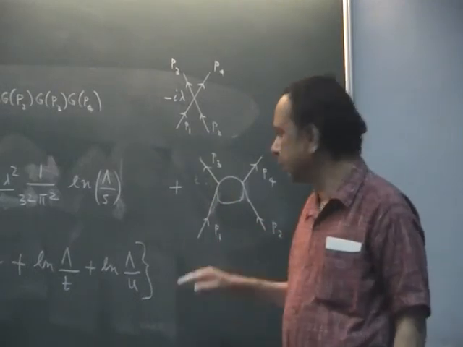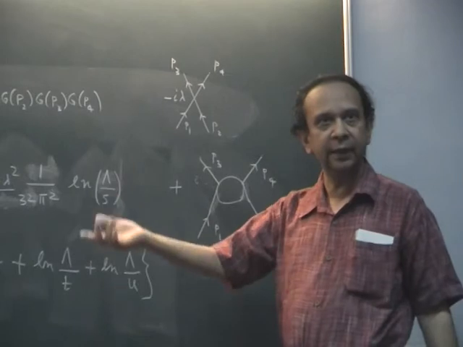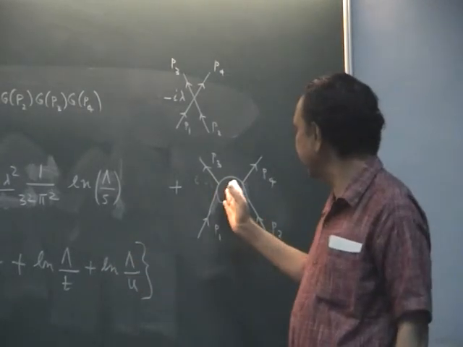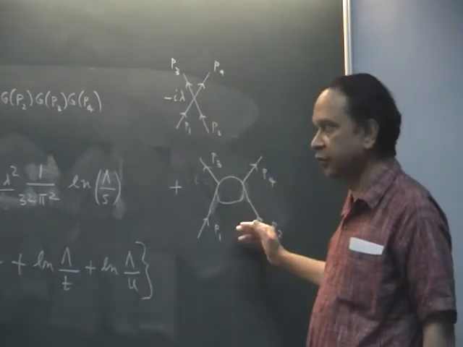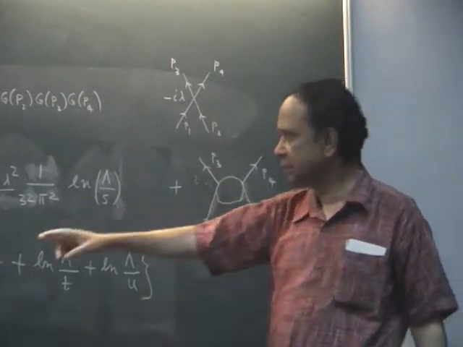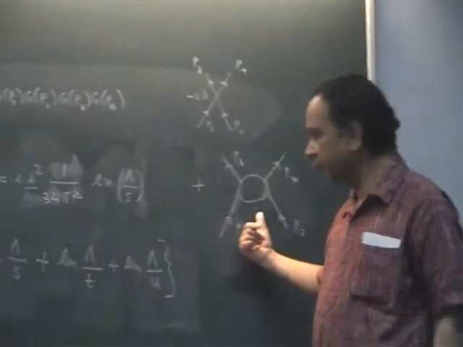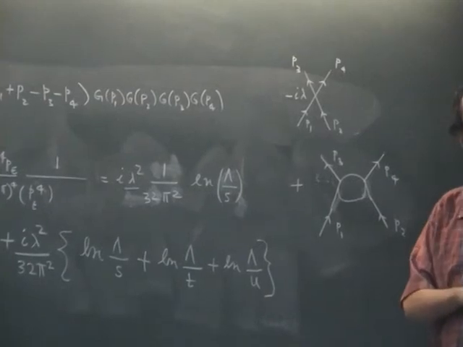There is an internal momentum here which needs to be integrated out, as a result of which you will get the amplitude for this plus the amplitude for this. The amplitude for this is minus i lambda. The amplitude for this, as I said, you could have just written it down.